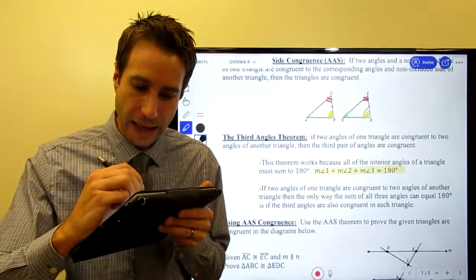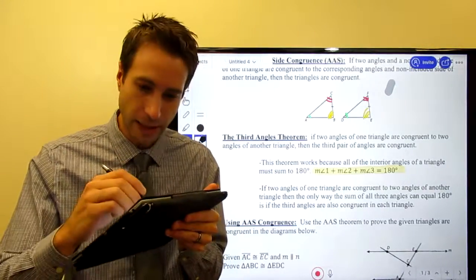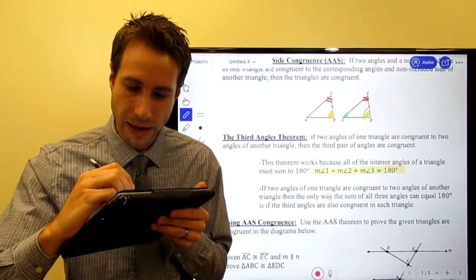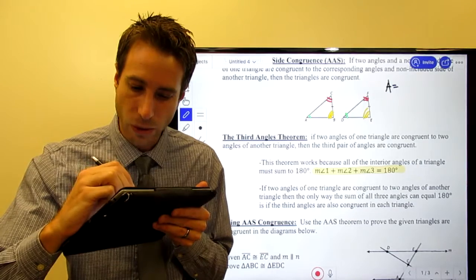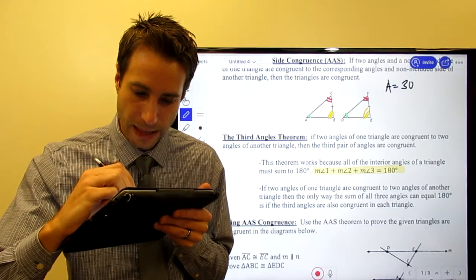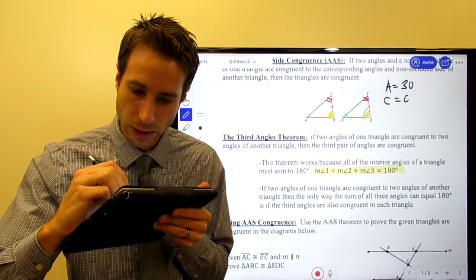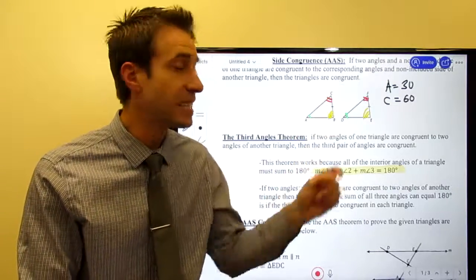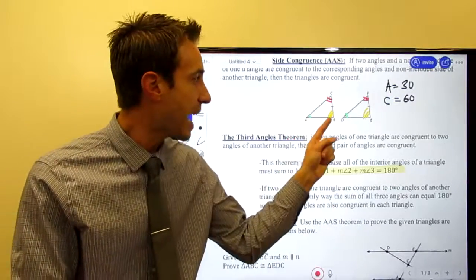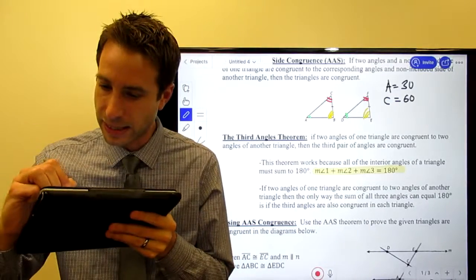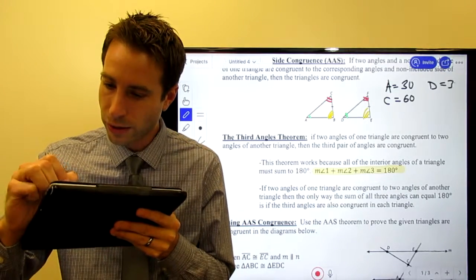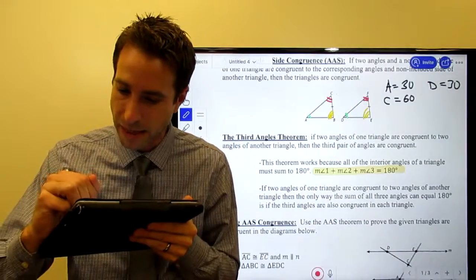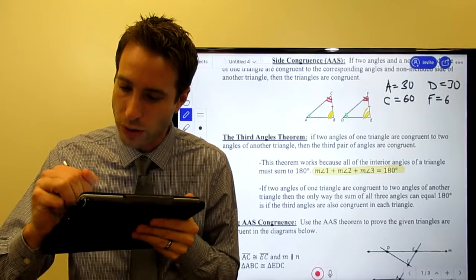If angle A, let's just say hypothetically, is equal to 30 and C is equal to 60, well, since A is equal to D, that means that D is also 30. And since C corresponds to F, that means F is also 60.